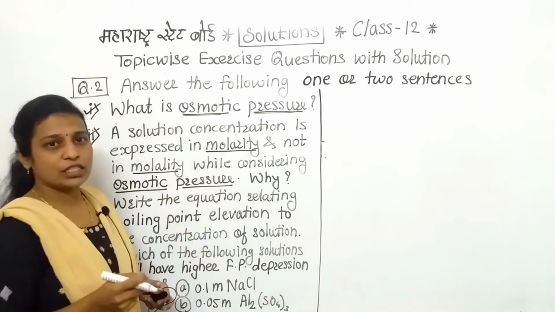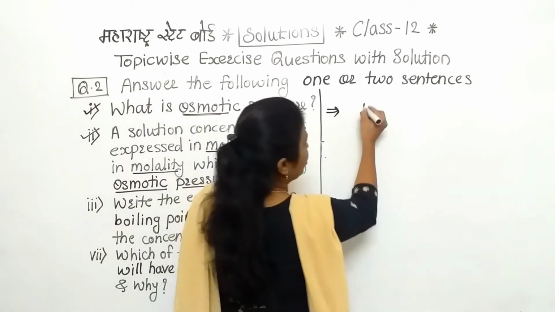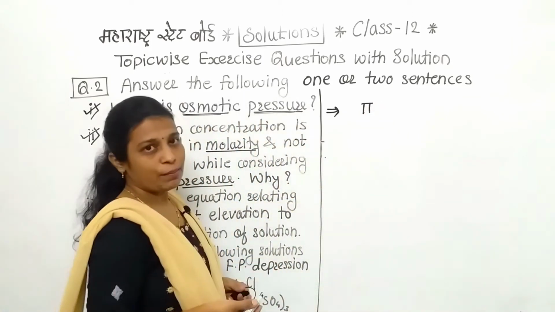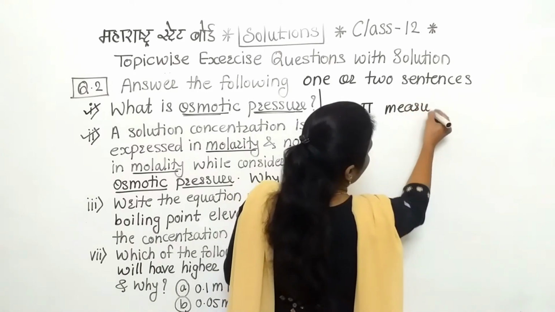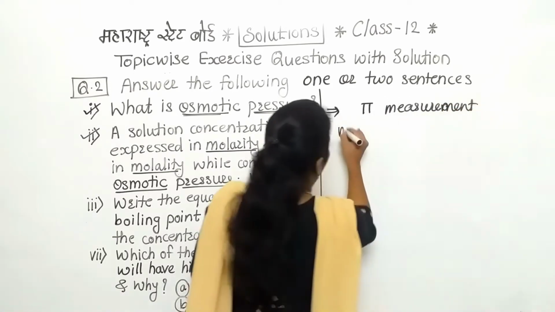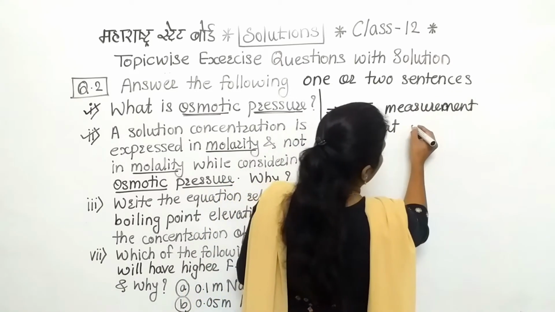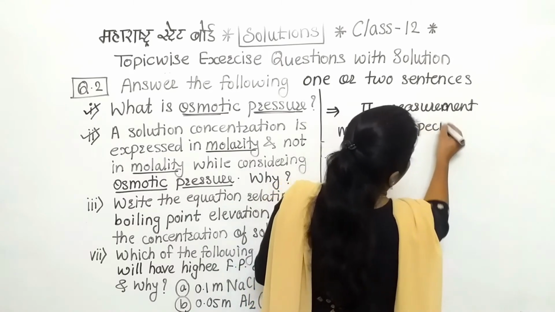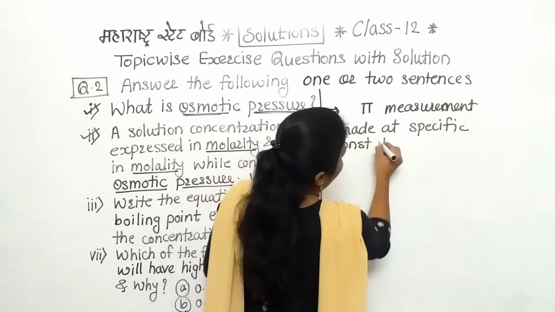If we consider this point, we can say that, as I discussed for this question, osmotic pressure, which is denoted by the symbol pi, measurement is made at a specific constant temperature.